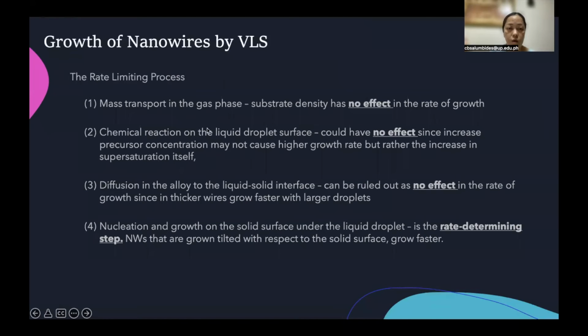This tells us that nanowires grown tilted with respect to the solid surface have a faster rate than ones grown vertically, because the whiskers that grow tilted expose the solid-liquid interface more and don't require the formation of the 2D nuclei that I have shown in the previous slide.